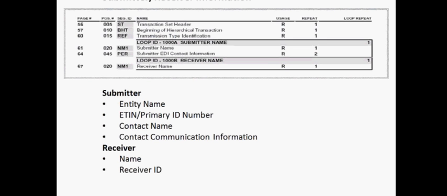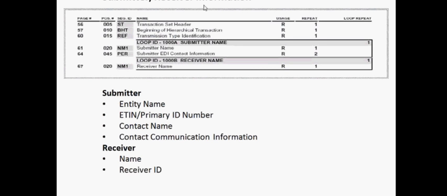Whether you are on product or administration, claims, or data warehousing, in any healthcare organization these transactions are used anyway, so you have to deal with them. It is very critical that you understand this thoroughly.